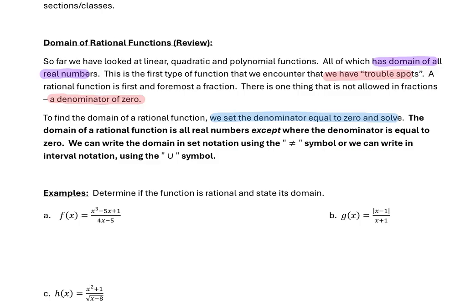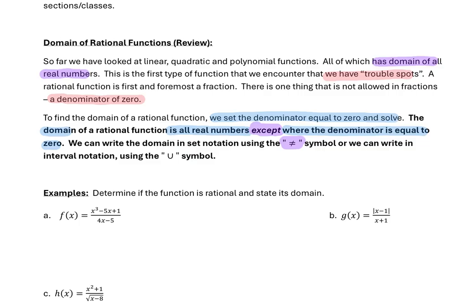The domain of a rational function is all real numbers except where the denominator is equal to 0. We can denote this in two ways. The first way is we can use the not equal to symbol.